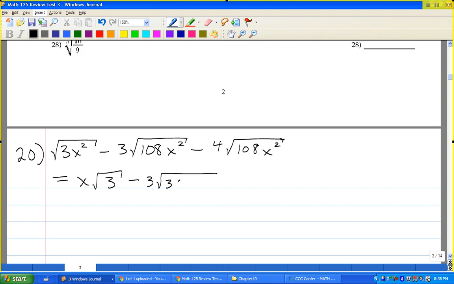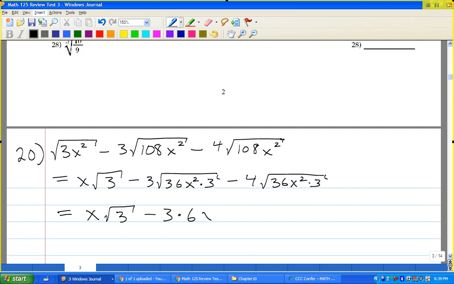108 as 36 times 3, and x squared is just x squared. So this is equal to x rad 3 minus 3 times the square root of 36, which is 6.